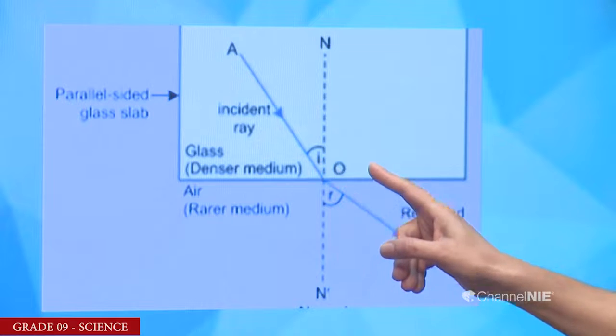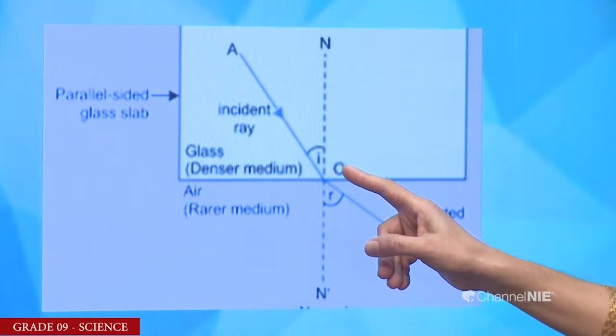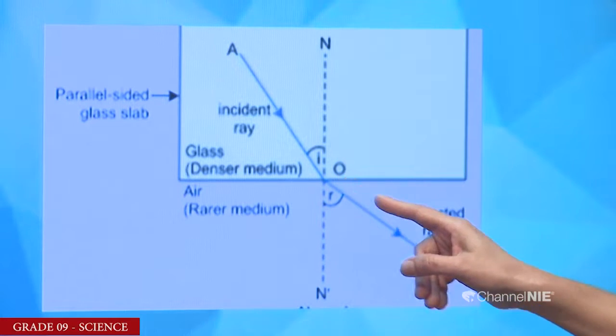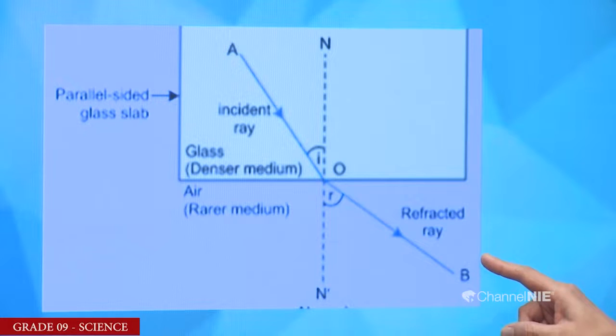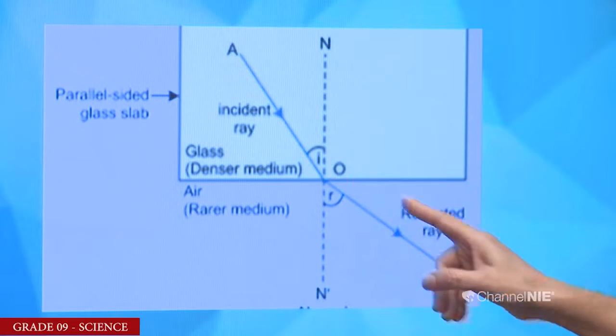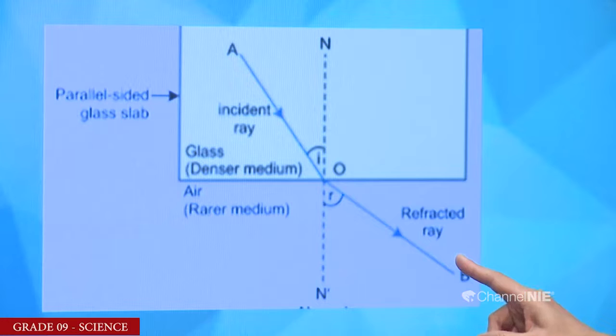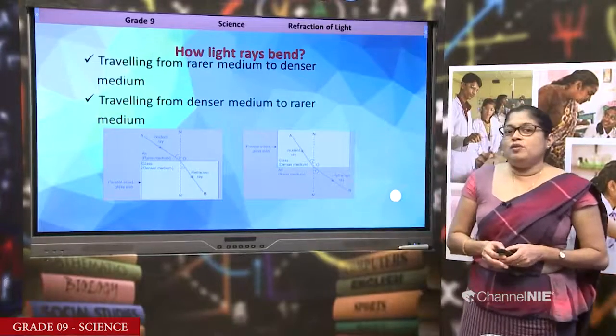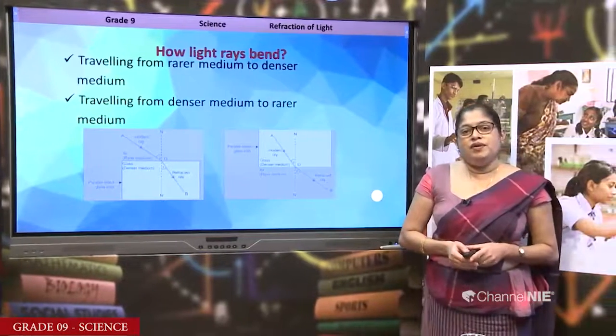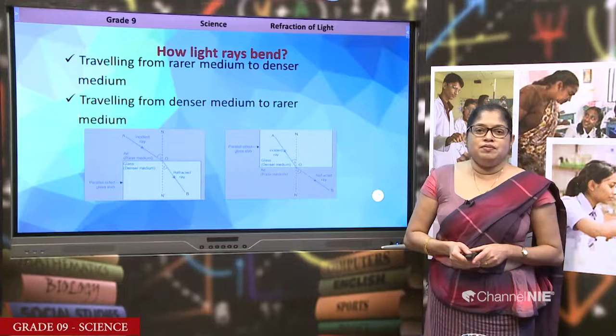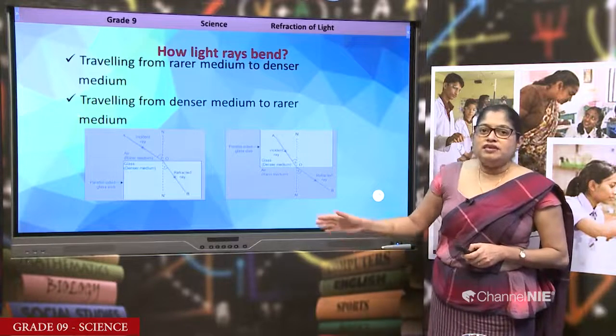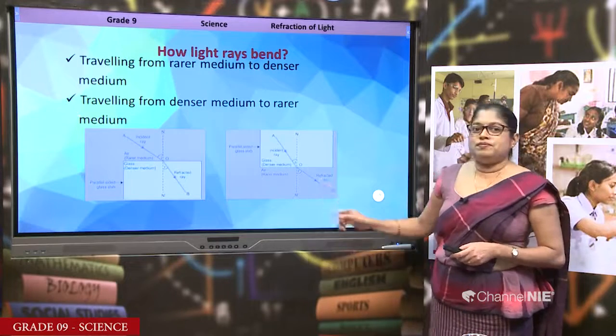At this point, we call it the point of incidence. The light ray gets refracted. You can see the refracted ray is travelling away from the normal. So, remember that when light rays are travelling from denser medium to rarer medium, they are refracted away from the normal.